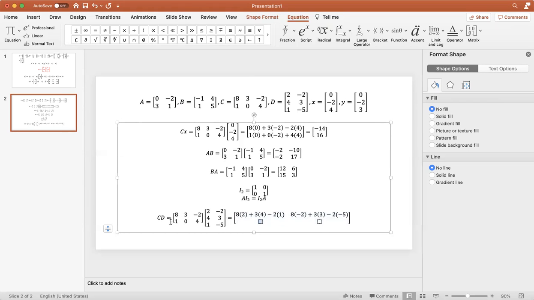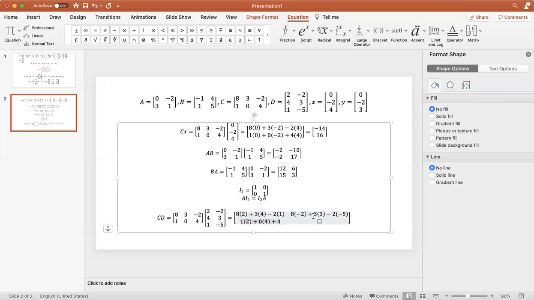Now for the second row, first column, this is equal to 1 times 2 plus 0 times 4 plus 4 times 1. You have a 0, so this is going to be easier.